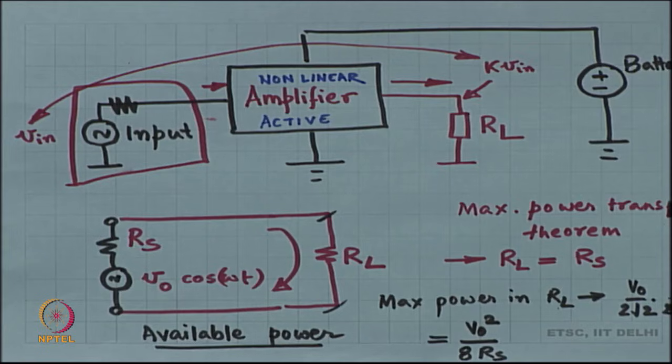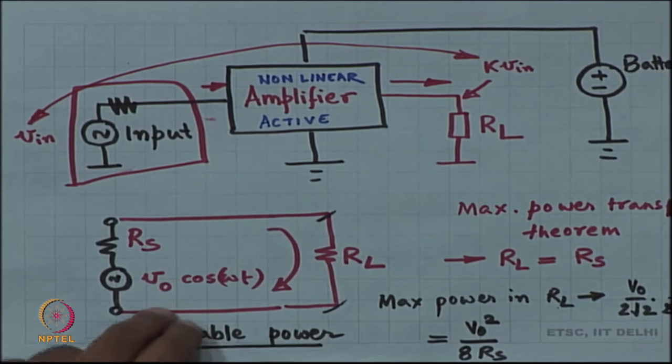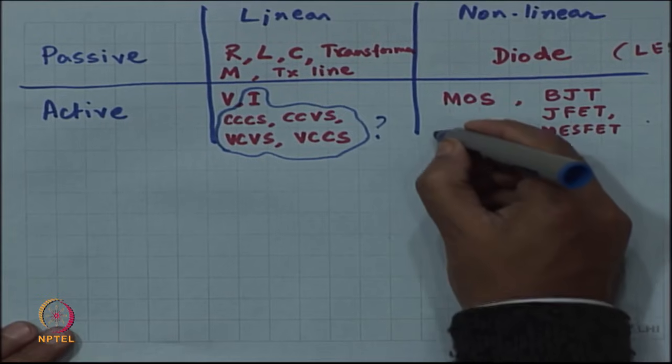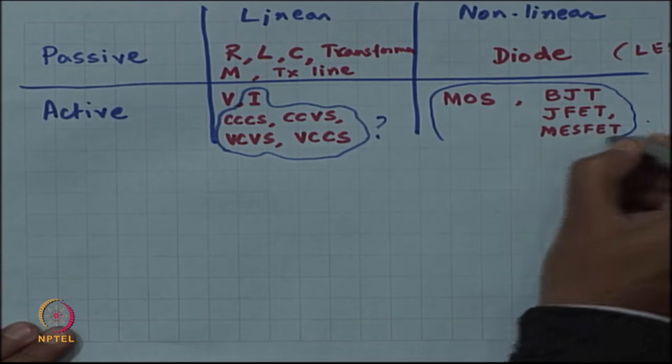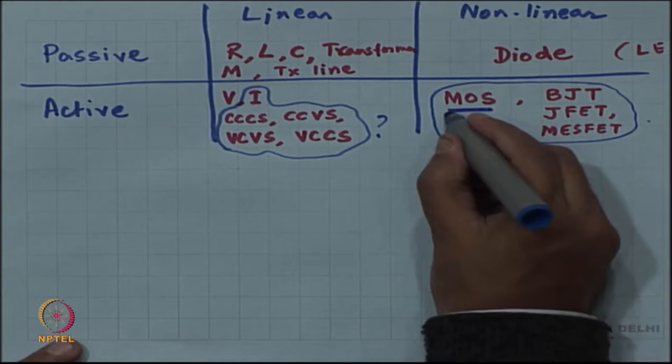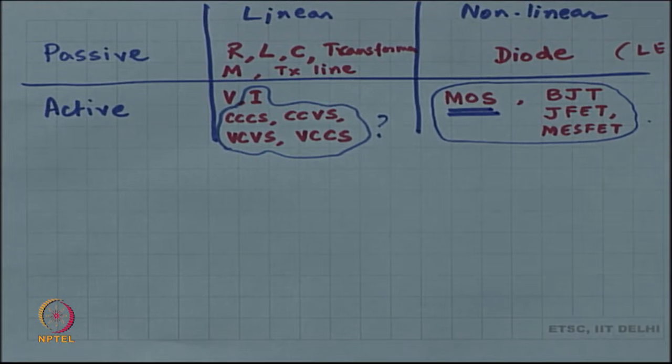So, you need non-linear and at the same time you need active circuit elements. So, we have to work with devices in this last bracket. In particular in this course we are going to work with the Mosfet.